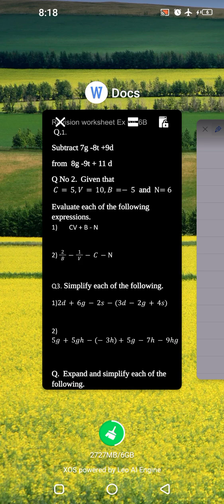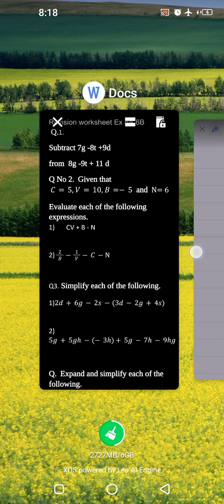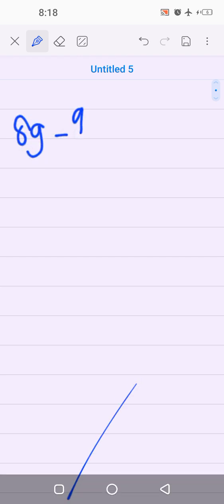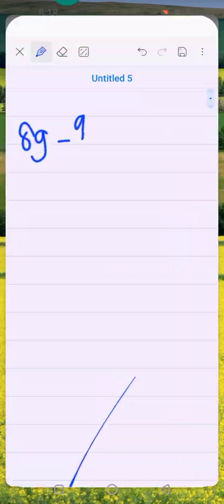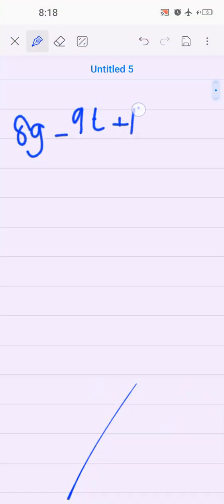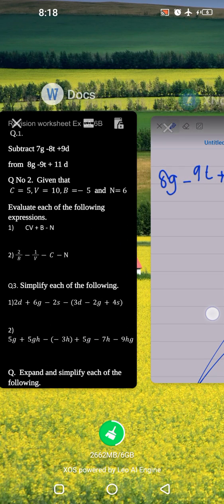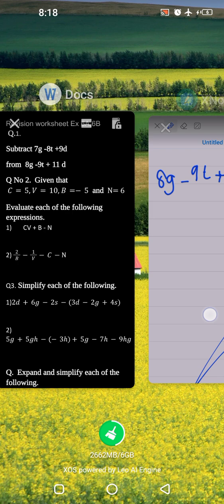Subtract this from this. The last expression is written first: 8g minus 9t plus 11d is written first, and then you write a minus sign, and then you put the first algebraic expression, 7g minus 8t plus 9t, last within the brackets.